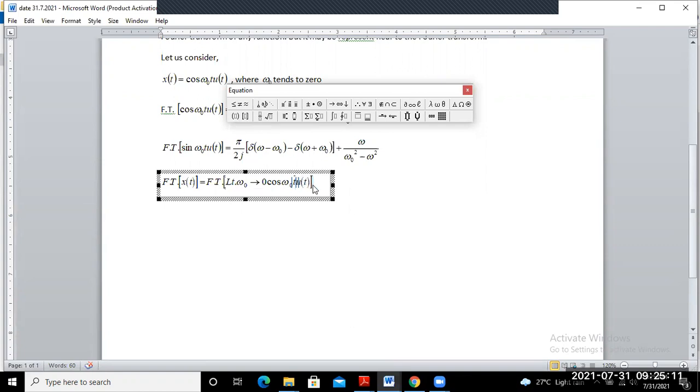So just write here, omega naught tends to 0, and this function cos omega naught t u(t), its Fourier transform is already written here.